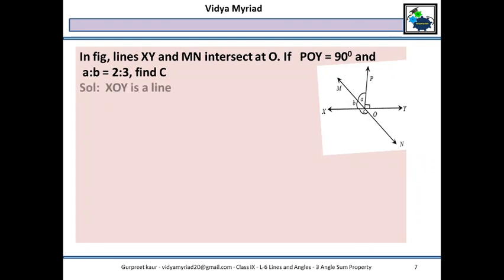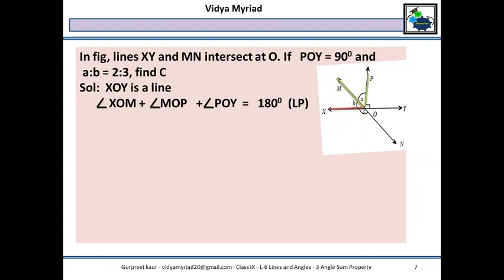Let's begin. XOY is a line, so all the angles formed on it will be equal to 180 degrees because of the linear pair property. So I can write XOM plus MOP plus POY, the sum of all three angles, is equal to 180 degrees, and I know that POY is 90 degrees.